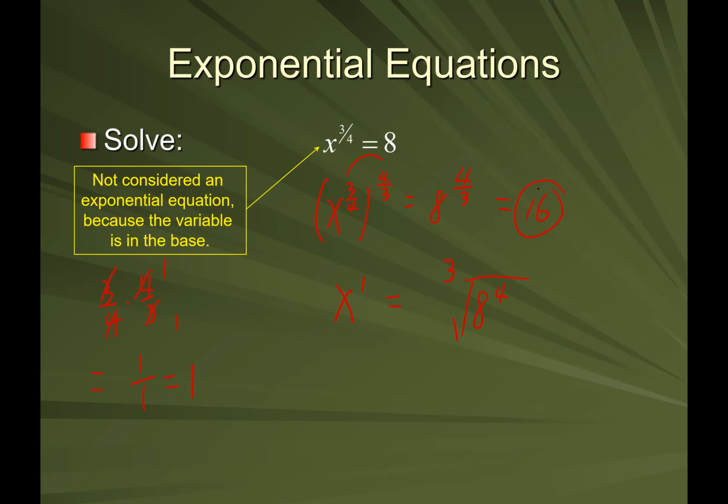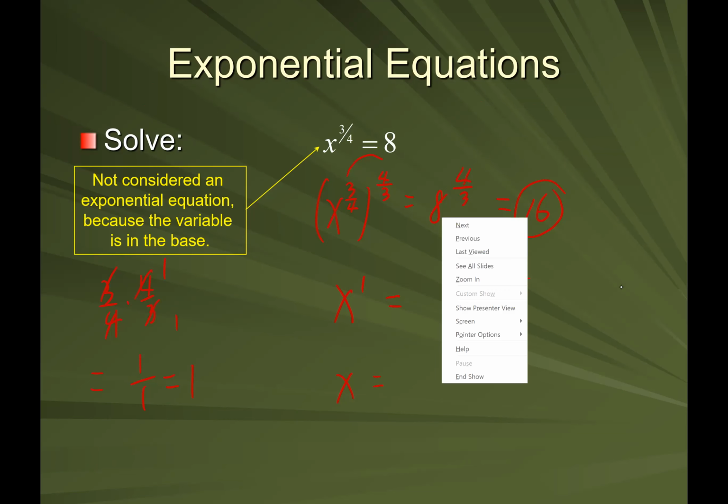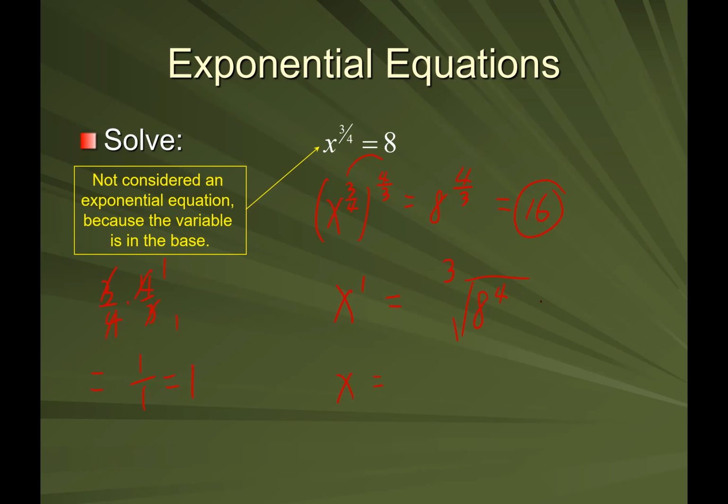If you do it directly, I can also show you another way of doing this. So 8 becomes 2 cubed. So here this becomes 2 cubed raised to the 4th power, under the cubic root. And this becomes the cubic root of 2 to the 12th power.